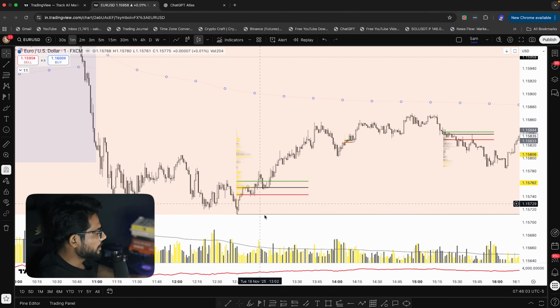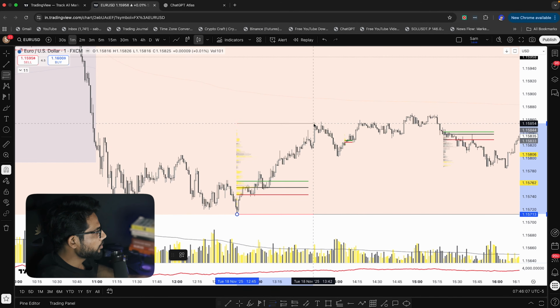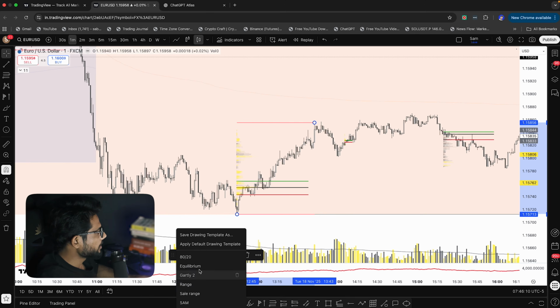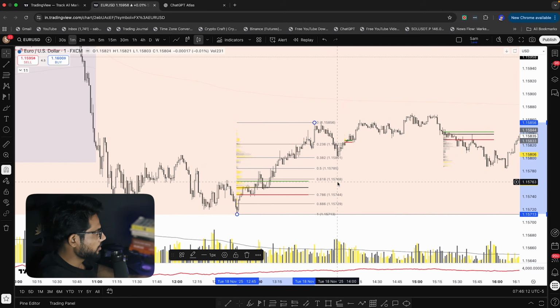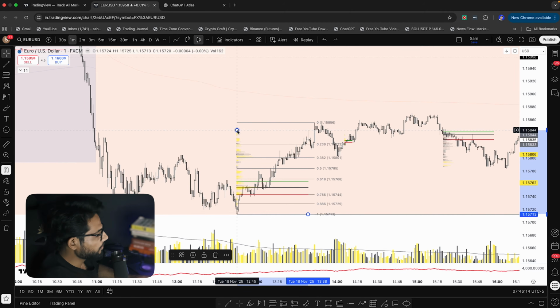Now why is this important and why is this completely different from normal Fibonacci? For example, look at this leg. If I draw a Fibonacci over here, normally what Fibonacci does is show you price levels from where you can trade. But the problem with Fibonacci is that it is still a very hypothetical situation because it does not contain any data.